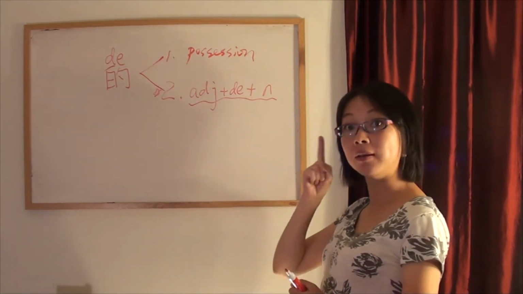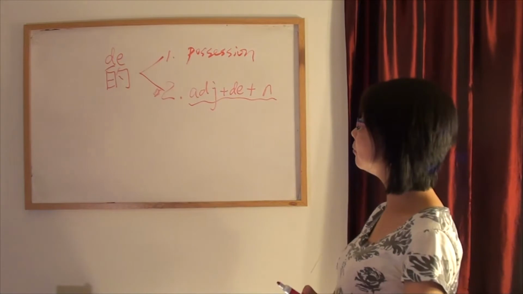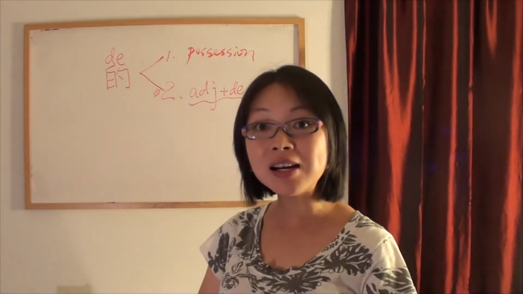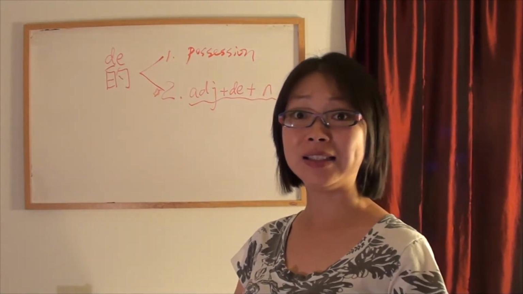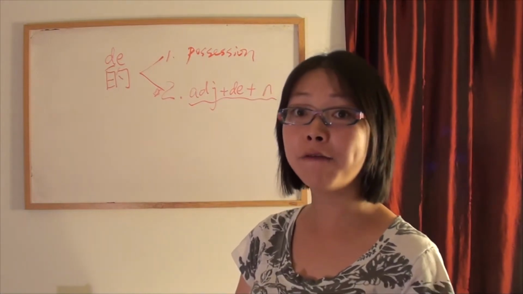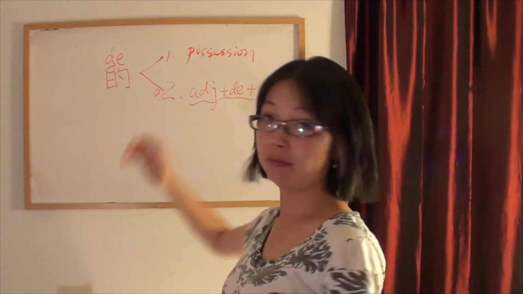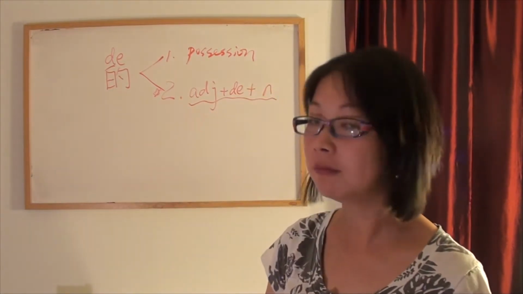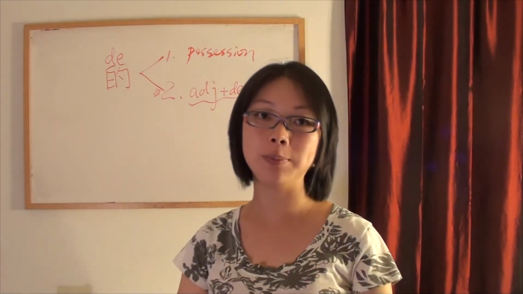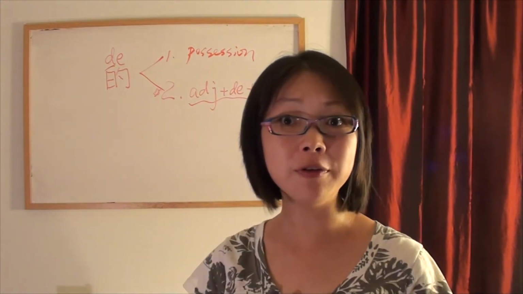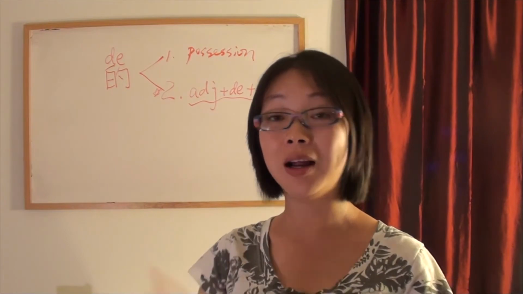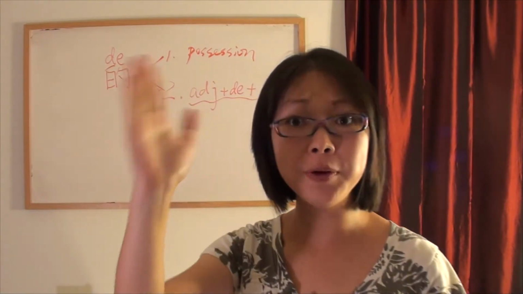But listen carefully. If you only have an adjective, and there's no noun following the adjective, do you need 的? No. Okay, give you one example. She's beautiful. Or let me say, that girl's beautiful.